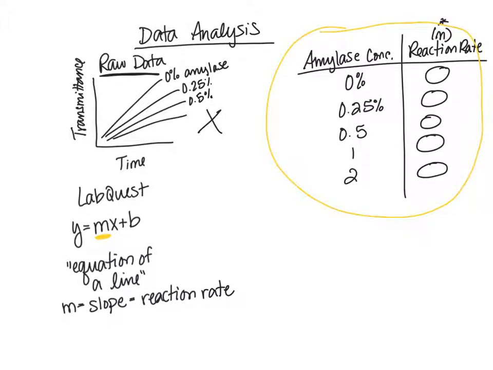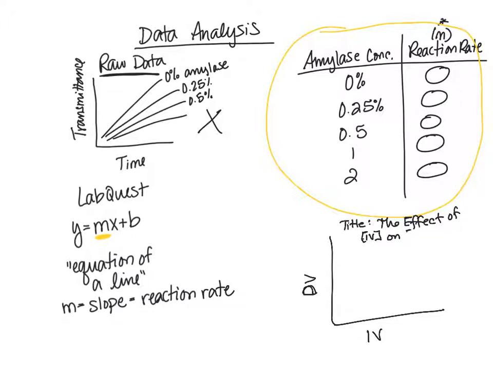All right, so your graph should look like this. It should have your independent variable on the bottom and your dependent variable here. And then you can use your formula to write your title, to write out the effect of the independent variable on the dependent variable.